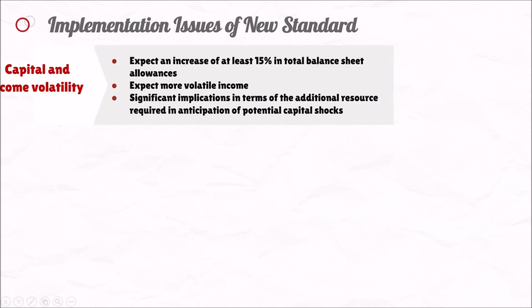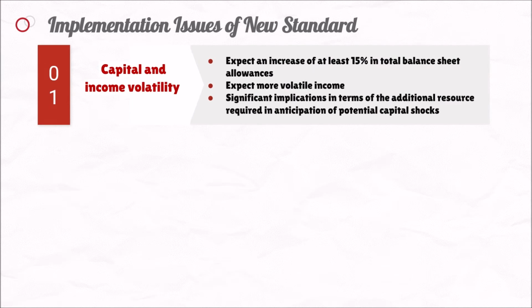Besides technical changes, there will be implementation issues of the new standards. Firstly, capital and income volatility. Based on research, researchers expect that there will be an increase of at least 15% in total balance sheet allowance and expect more volatile income due to the new accounting standards.